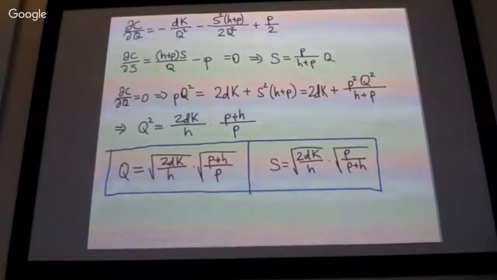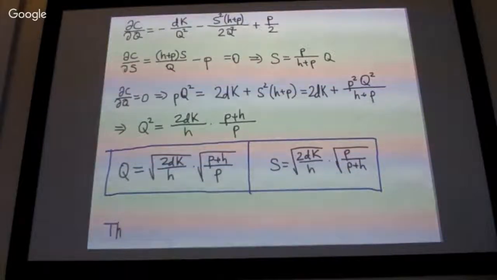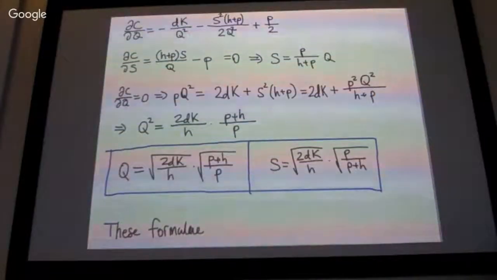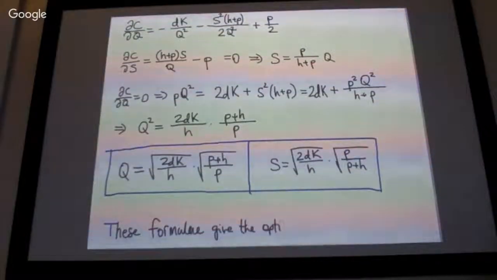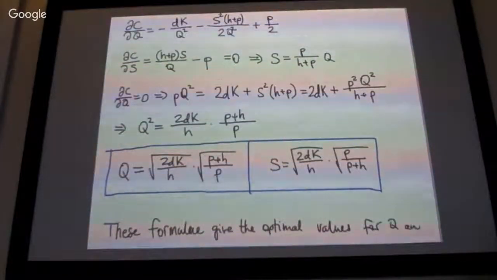These formulae give the optimal values for Q and S. Any more questions?